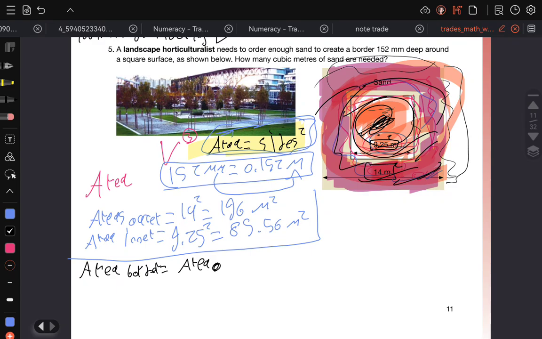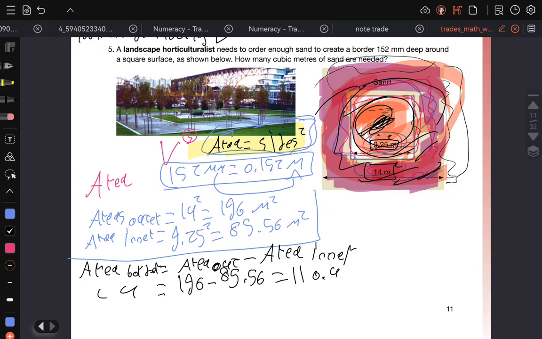So it equals 196 minus 85.56, which equals 110.44 meters square.